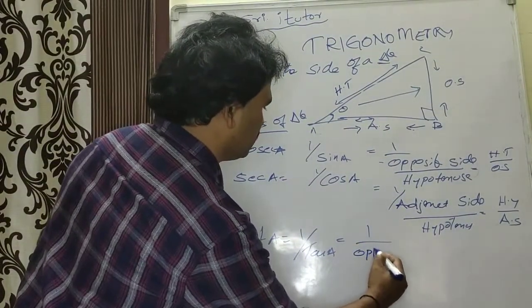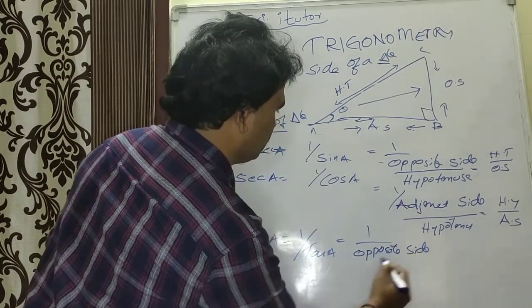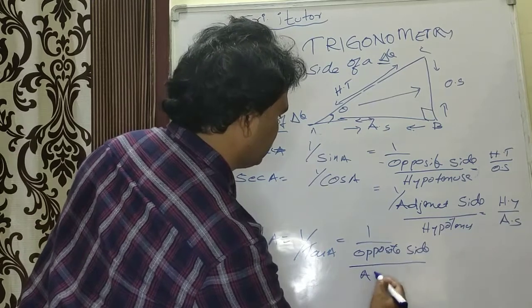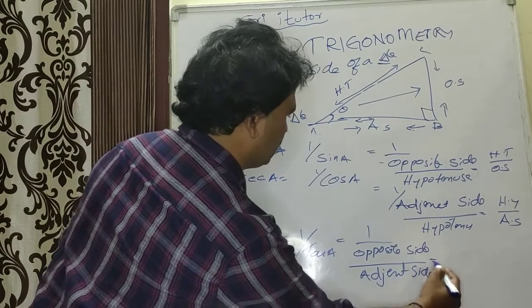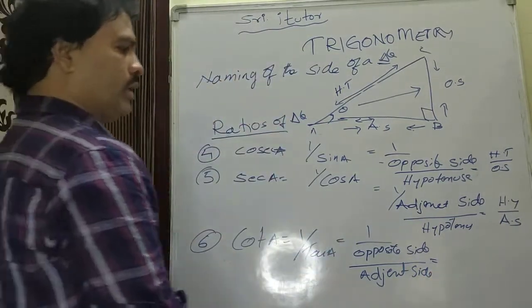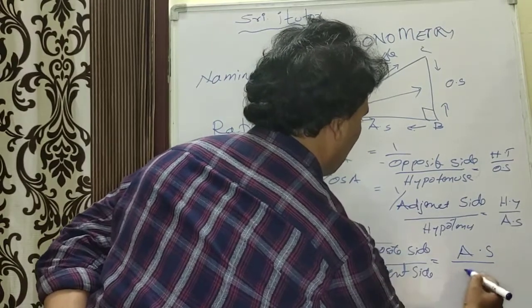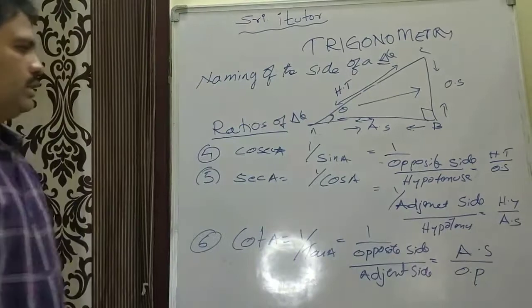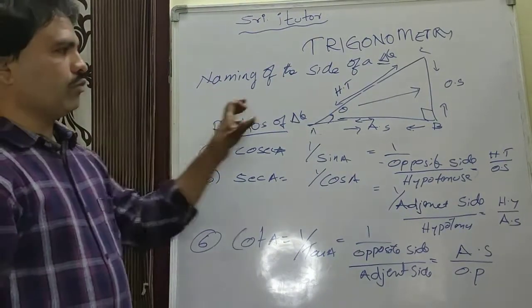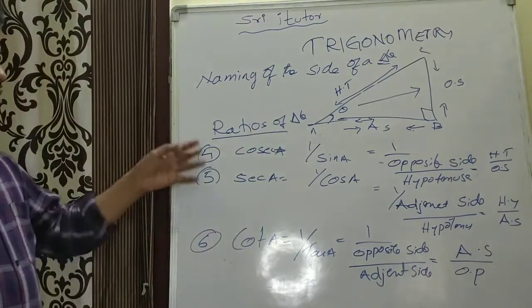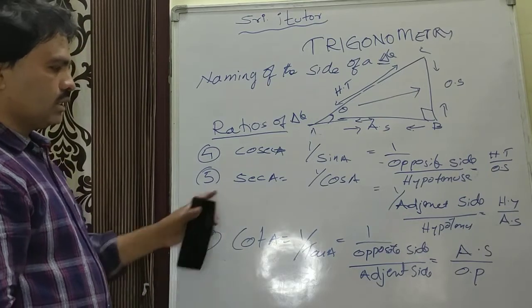So 1 by that means adjacent side by opposite side. Got it? Right. Cosec, sec and cot. So now we have defined the ratios of a triangle. There are 6: sine, cos, tan, cosec, sec and cot.